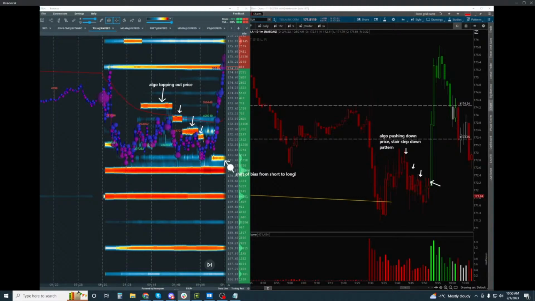So there's a big possibility that over here, big hands accumulate now at these lows using the algo to push down liquidity. That's a very, very good change over here of bias, okay?